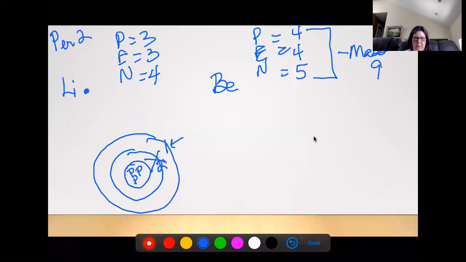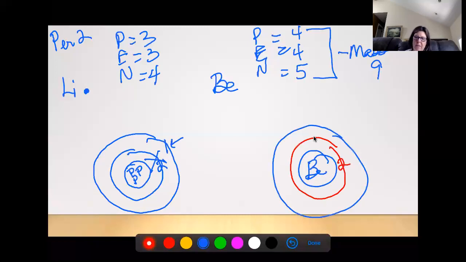So again, if I do my beryllium, if I have my beryllium in there with the protons and the neutrons in there, I would have my first 2, which I should do this. Because my first energy level, remember I did it red. So that would be my first 2 electrons. And then my next energy level, that's why we're in the second period, we're in our second shell here, would have 2 again.